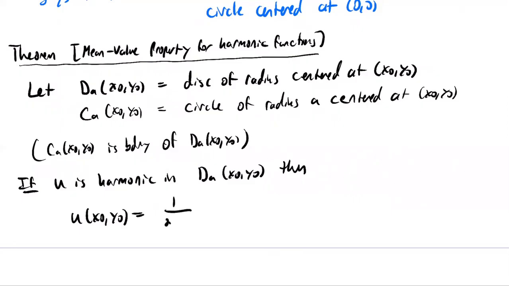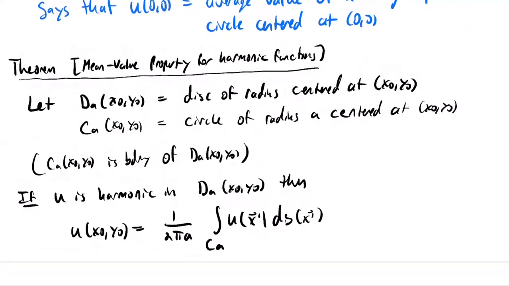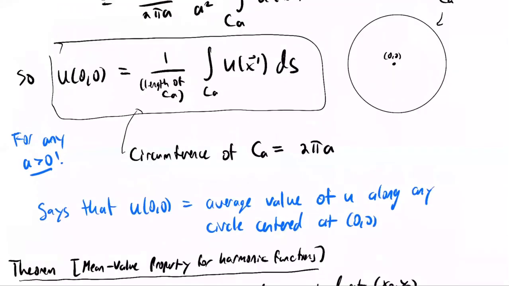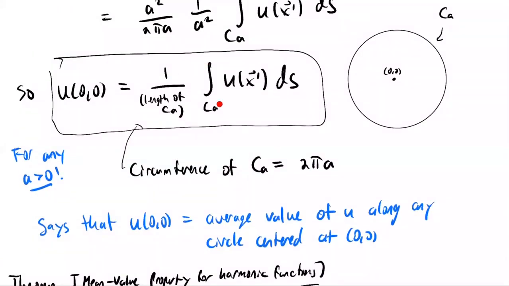So it's 1 over 2 pi a times the line integral on C sub a of u. This is the same formula we had up here, except the difference is now I'm allowing any point for the center rather than just the origin, right?